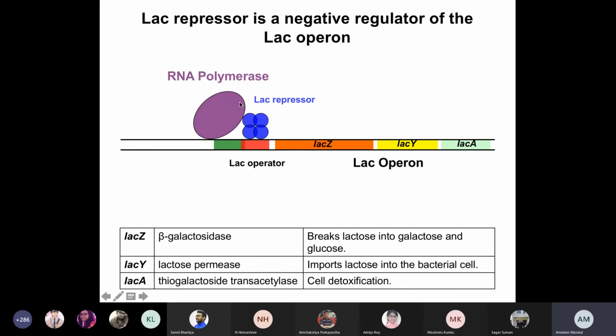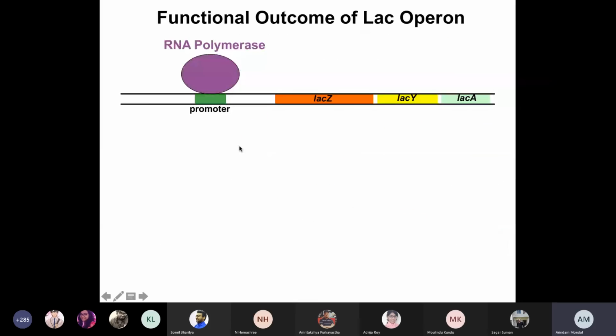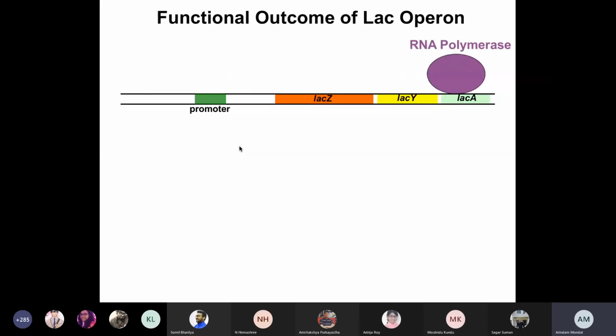In the usual course, the bacterial cell always synthesizes LAC repressor, and the LAC repressor binds the LAC operator, and because the LAC operator is very close to the LAC promoter, it sterically inhibits the RNA polymerase from binding to the promoter. In the previous case, the RNA polymerase can easily bind to the promoter and perform transcription.